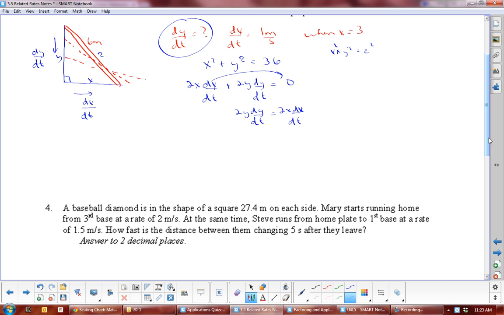So dy over dt should equal, oops, forgot my negative sign, negative. See the 2's coming to the other side, or underneath? So that's going to be negative 2 divided by 2, which is negative 1. x, the y is down there, dx dt.